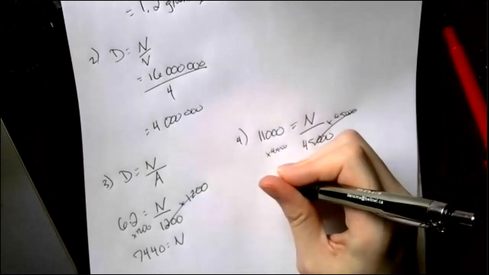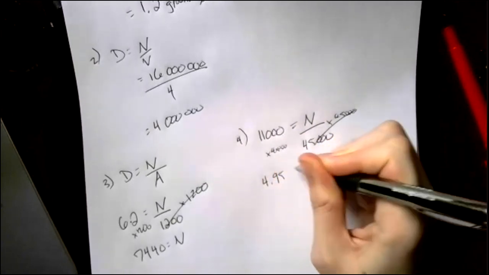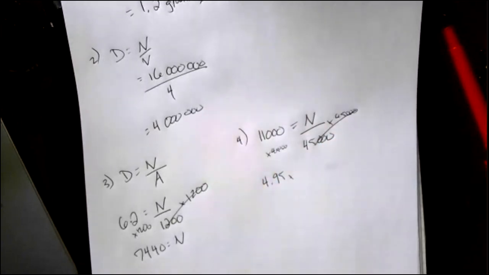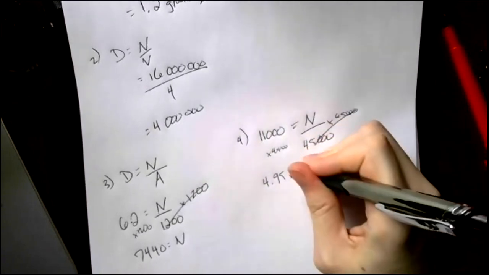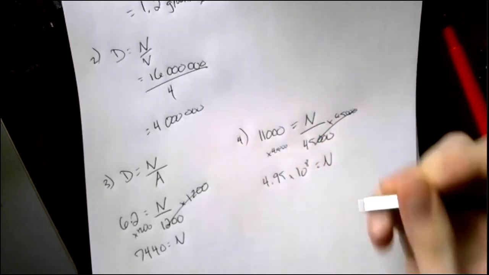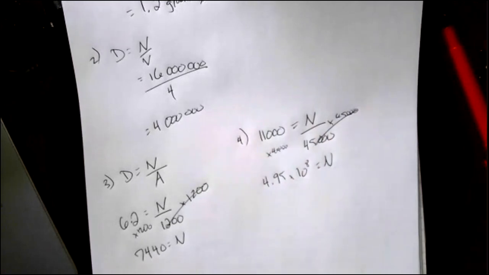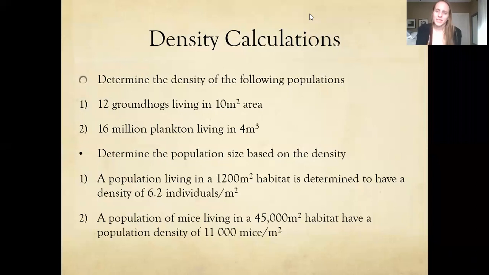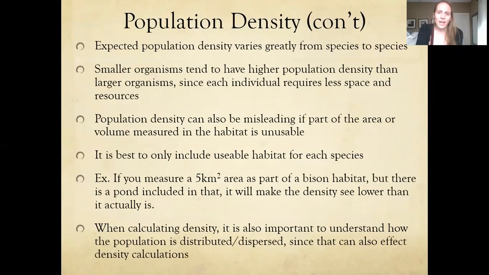Ooh, and we get, well, I'm going to put this into scientific notation. I don't like writing out all those zeros. 4.95 times 10 to the power of 8 is the number of individuals. Okay, so that's a super straightforward calculation of density.